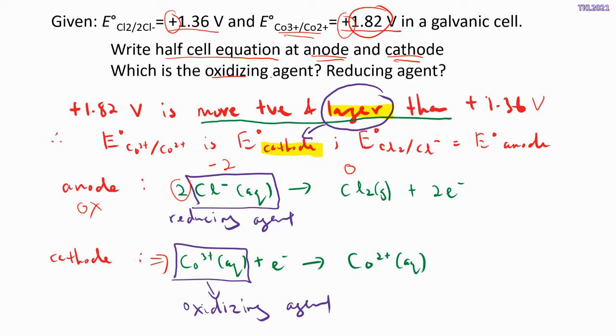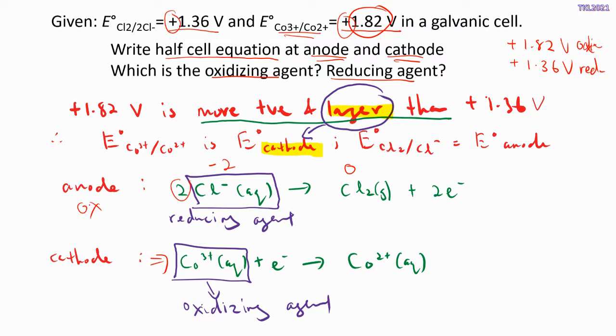So which is the oxidizing agent and which is the reducing agent? One way is to look at the values 1.82 and 1.36. The higher one would be the stronger oxidizing agent. The lower one will be the stronger reducing agent.